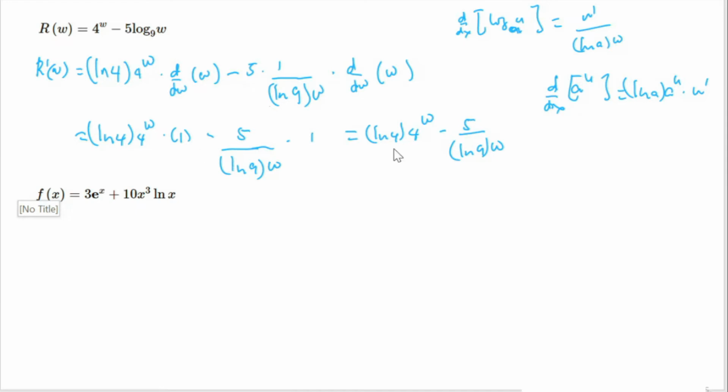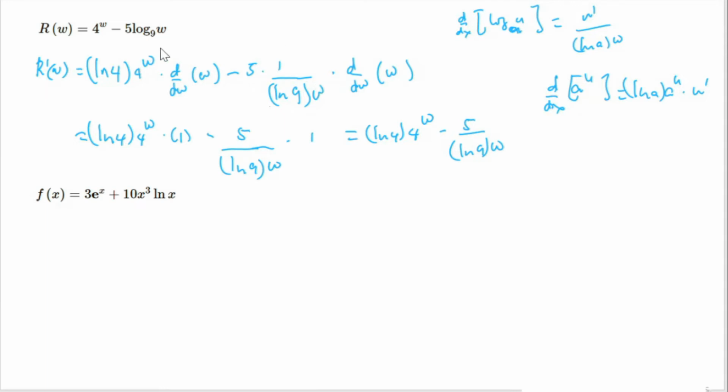And also for the second term, I'm using the formula of the logarithm of u to the base of a is equal to u prime, the derivative of u, over ln of a times u. Since there's a coefficient of 5, I write 5 times, I take first the reciprocal, so 1 over ln.